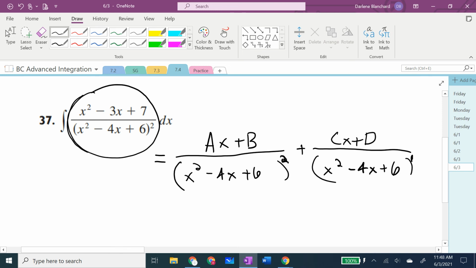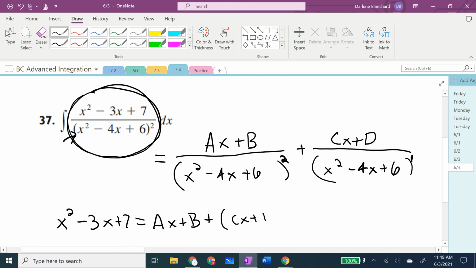And now that equation, we are going to multiply both sides by this denominator. The left side is now the numerator x squared minus 3x plus 7. On the right, ax plus b plus, and then I've got to make sure to multiply cx plus d with one more x squared minus 4x plus 6.